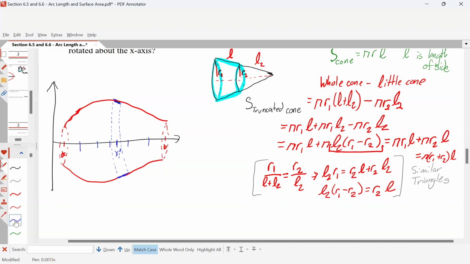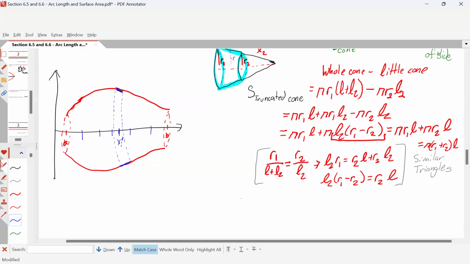So, trying to get rid of these two radiuses, we have this big radius and little radius. There is some third radius inside of there that's the average of these two radii. So R, some radius that we want, is R1 plus R2 over 2. Or 2R is equal to R1 plus R2.